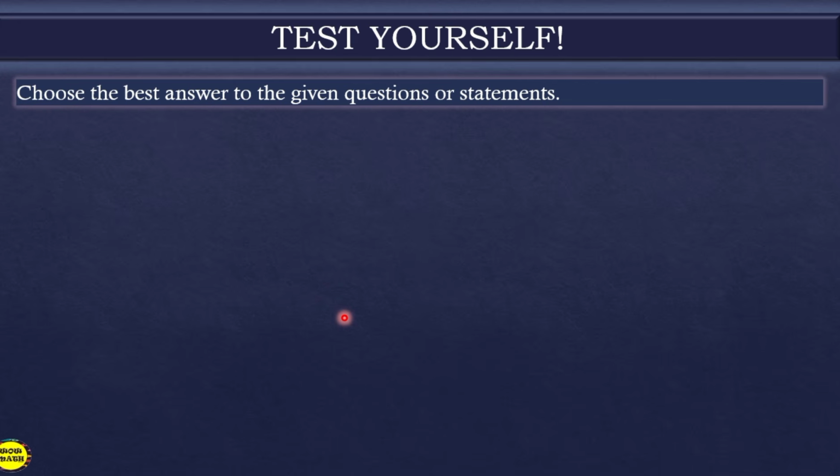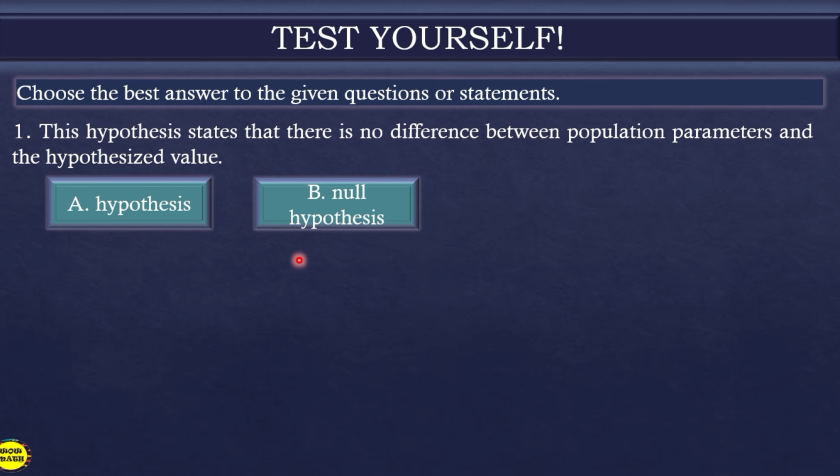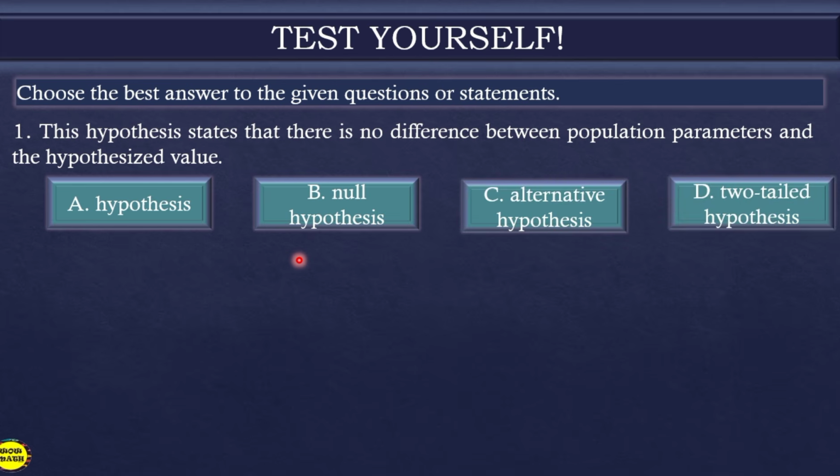Test yourself. So, pwede nyo akong sabayan sumagot, no? Number 1. This hypothesis states that there is no difference between population parameter and the hypothesized value. Letter A, hypothesis. B, null hypothesis. C, alternative hypothesis. And letter D, two-tailed hypothesis.